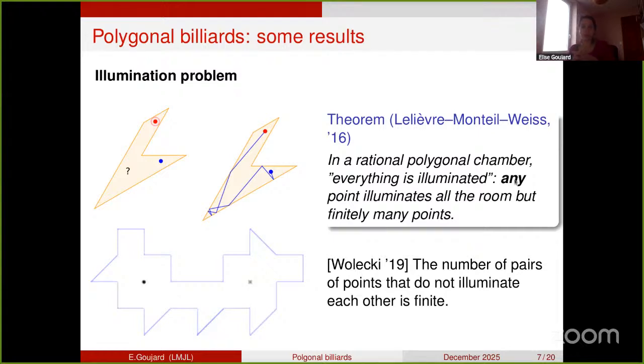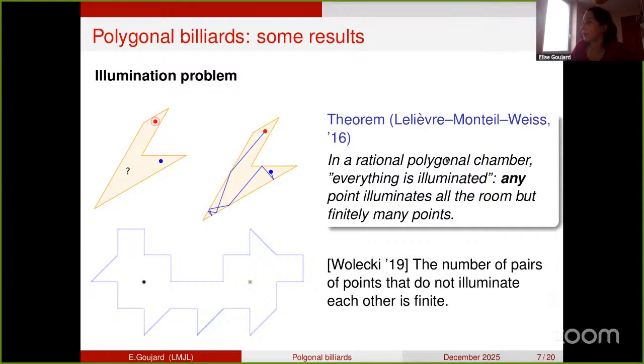But what I want to emphasize in this result is the "any point." As you may know, it's a lot easier to show results like almost every point illuminates almost every other point. This was not formulated like this, I think, but it was known before.